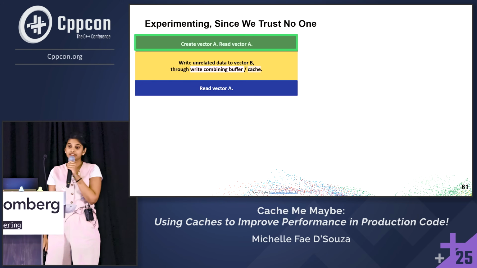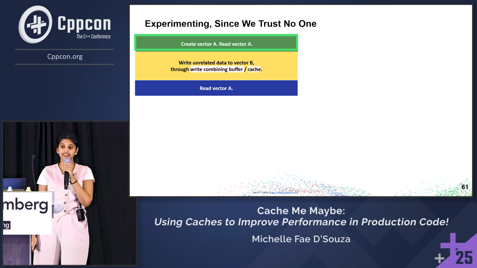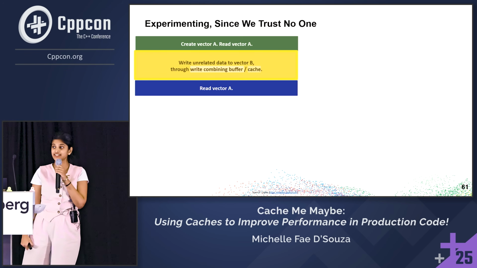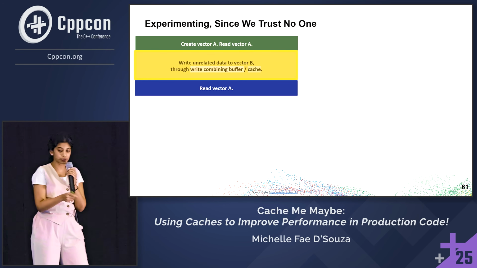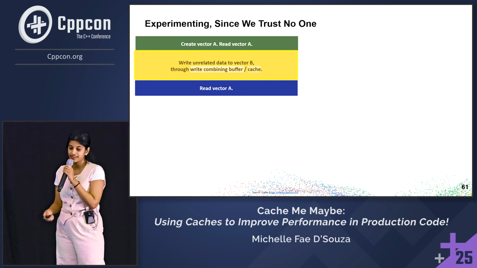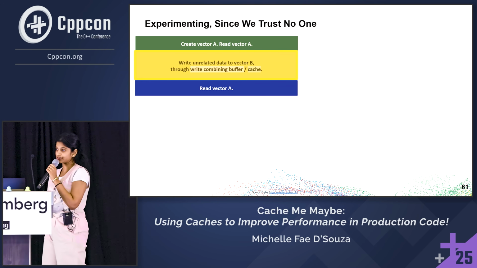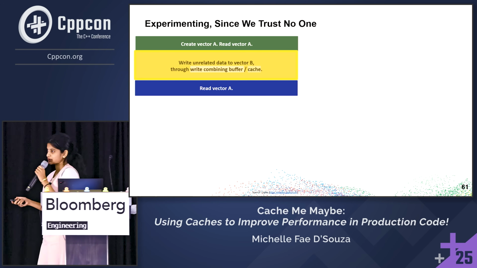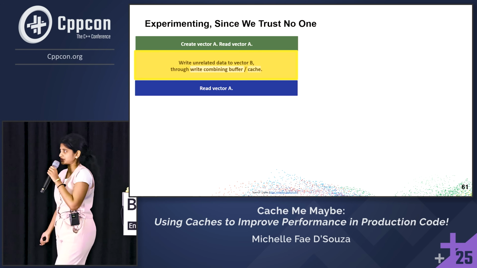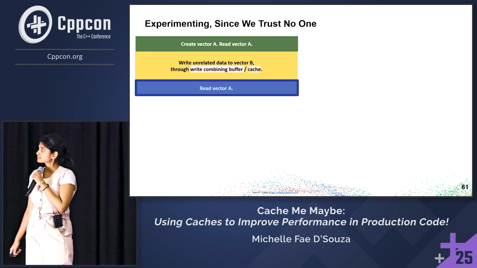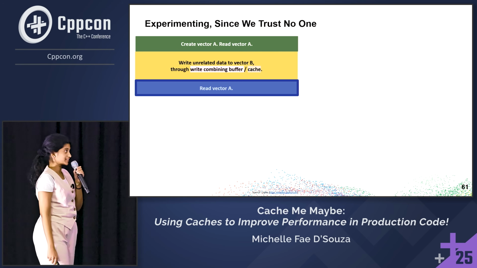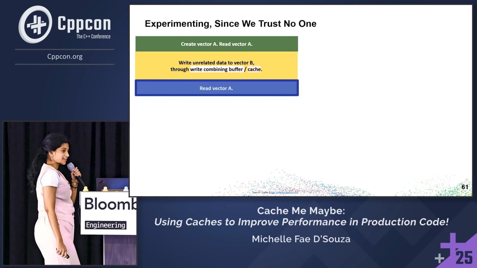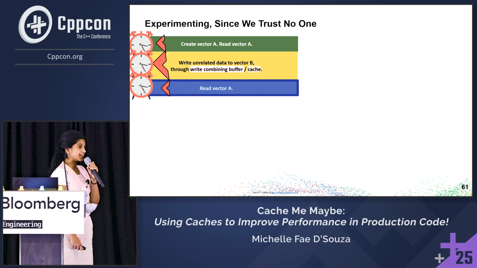So let's experiment. We create vector A, we read vector A. We then write unrelated data to vector B. In one test, we use our write combining buffer, and in the other, we use our cache. So that's the normal write that we've been doing this whole time. And finally, in both these tests, we read vector A. And we're timing each of these sections.